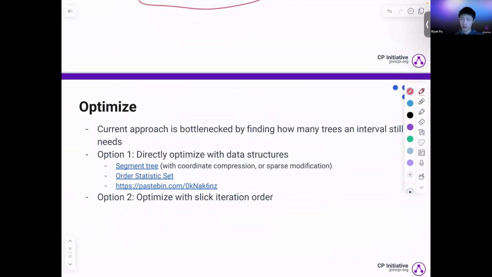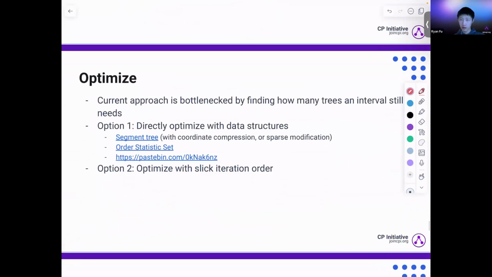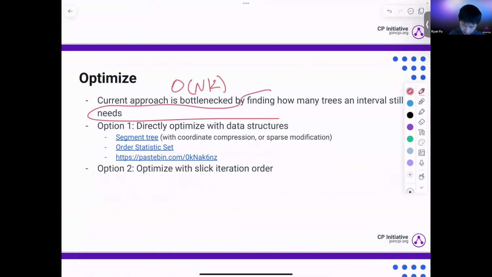However, problematically, even with this greedy, our solution is still, I believe, O(n times k). That is because we're bottlenecked by finding how many trees are still active in an interval. There are a couple of ways to do this. You can directly optimize it with data structures.